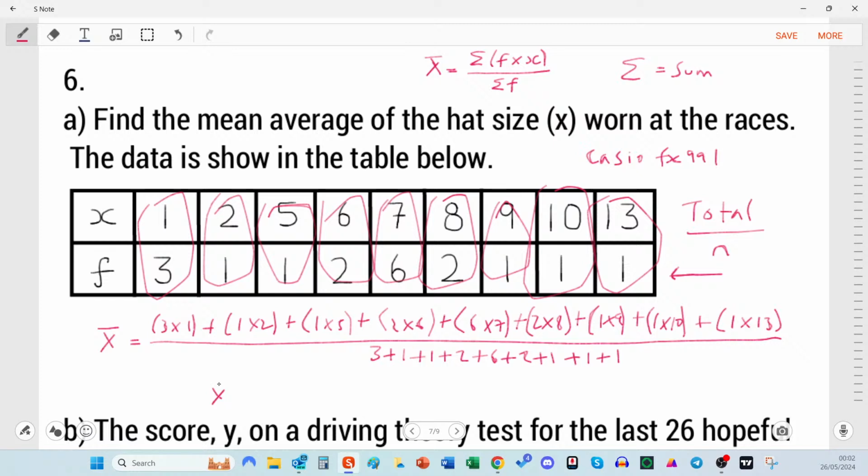So in this case, x bar is 112 divided by 3 plus 1 plus 1 plus 2 plus 6 plus 2 plus 1 plus 1 plus 1, 18. And we want to see if we could tidy that up, but not really. 56 over 9.